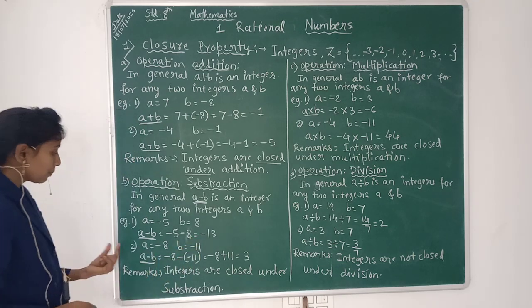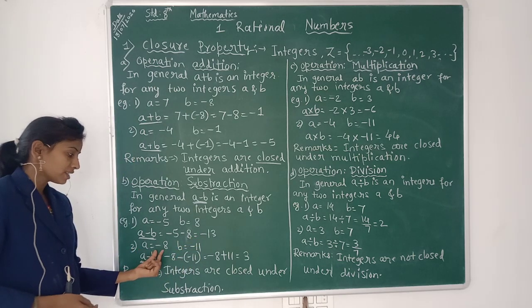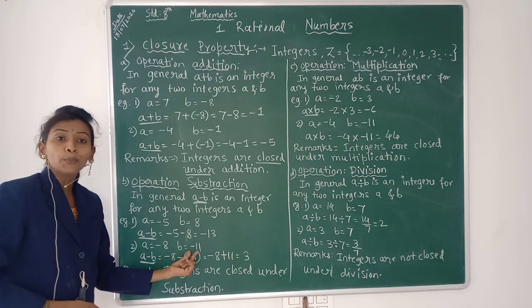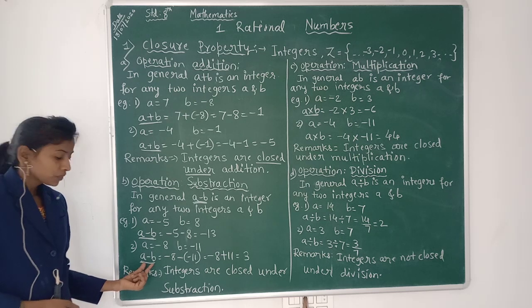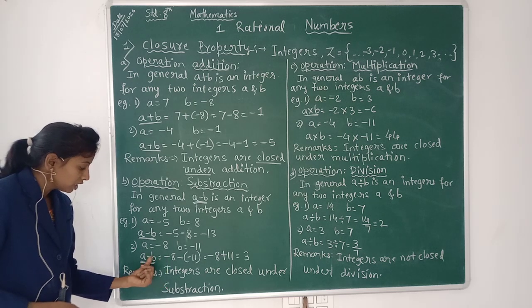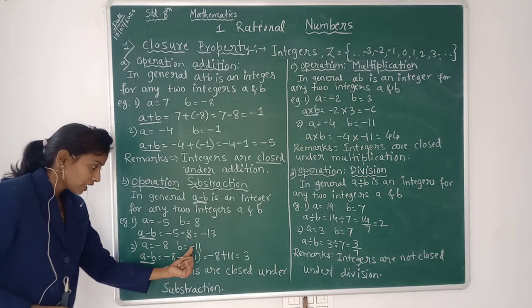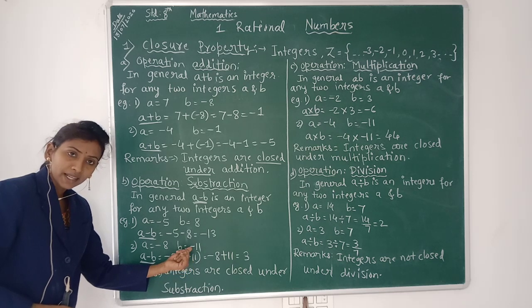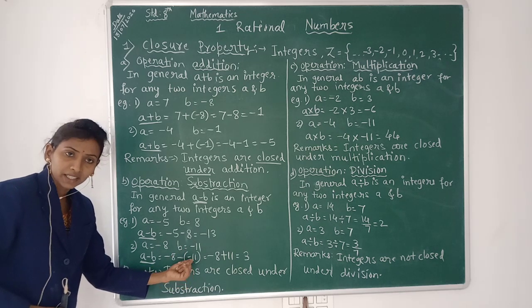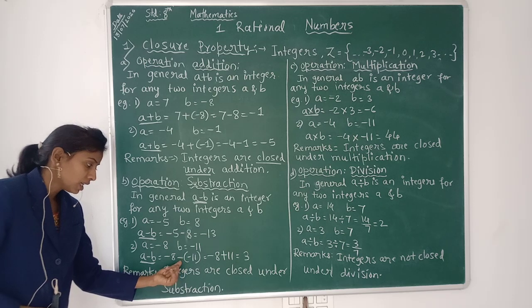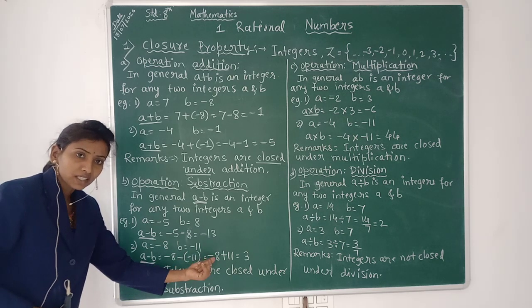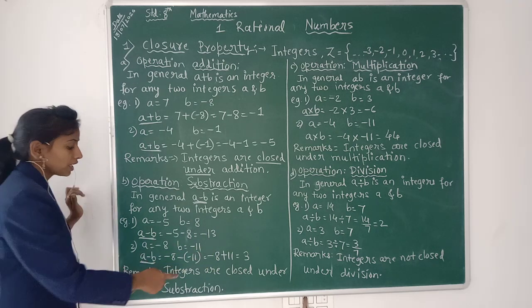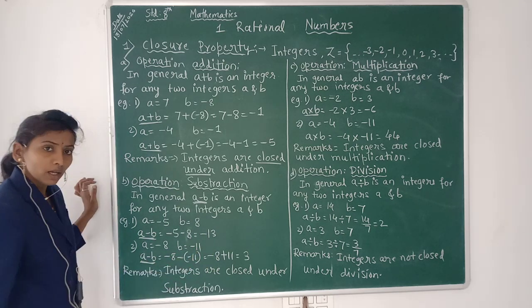In the second example, take a is equal to minus 8 and b is equal to minus 11. Do the operation a minus b. Put the a value, minus 8, minus, and since b is negative I keep it in brackets, because the outside minus sign also changes the sign.